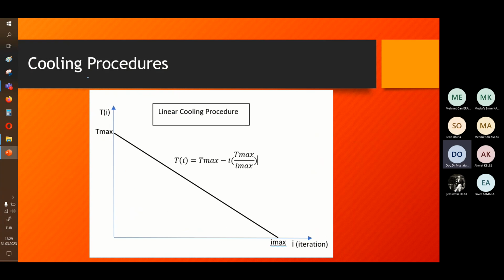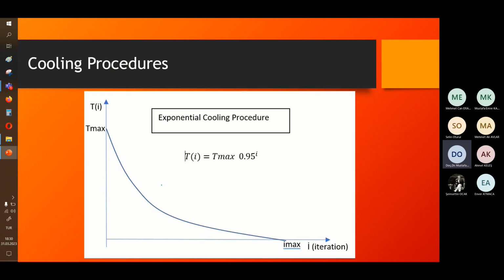With simulated annealing, we will be introducing a temperature with the iterations, and at the beginning, the temperature is maximum. Then with each iteration, it will be cooling down, and we will use a formula to cool it down. In the linear cooling procedure, the formulation is given like this, and maybe we will be cooling down the solution space exponentially by using this formula.